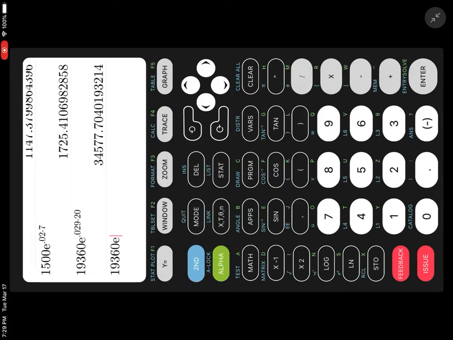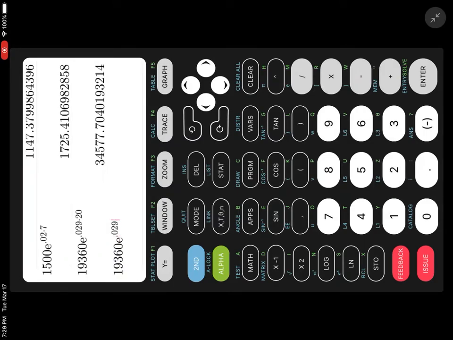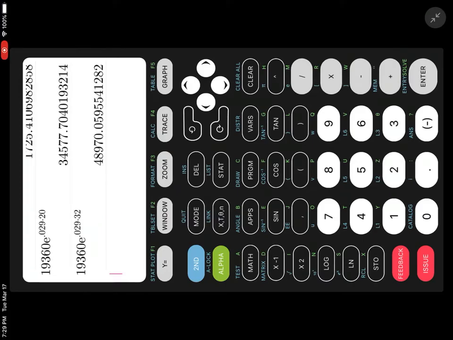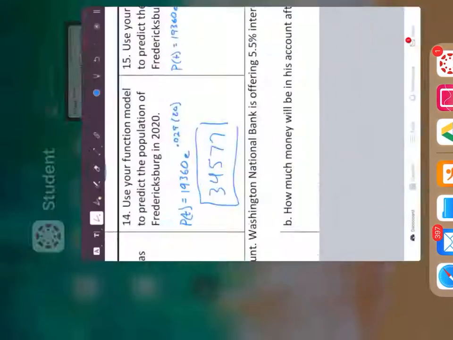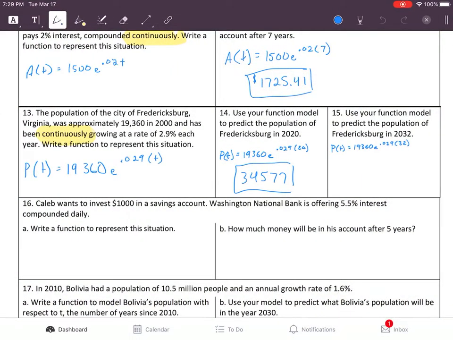So we have E raised to the 0.029 times 32. All right, so we got 48,970. Again, we're rounding down, so we don't have part of a person.